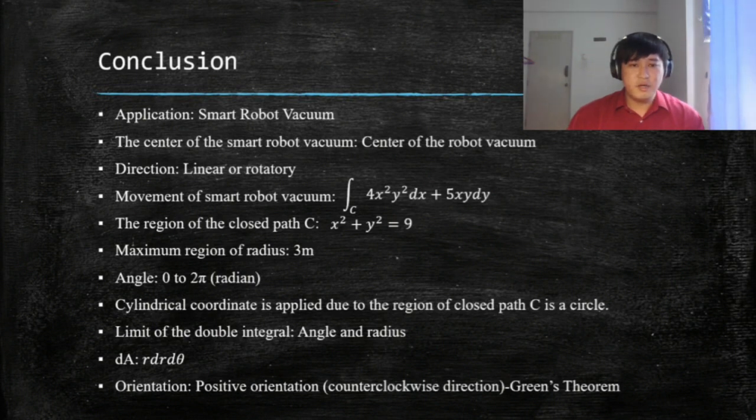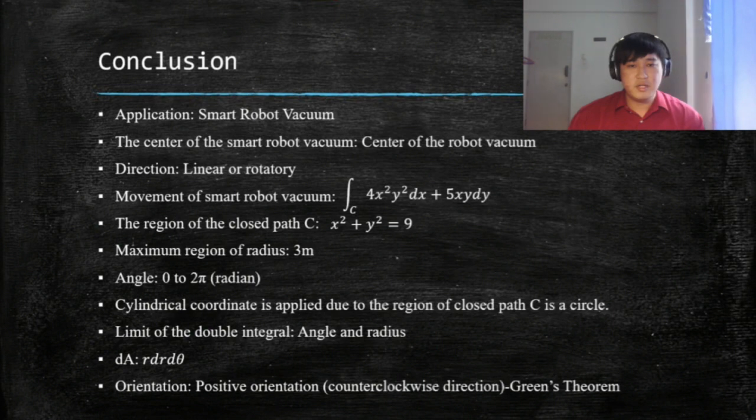The movement of the Smart Robot Vacuum is the integral of 4x squared y dx plus 5xy dy. The region of the closed path C is the circle x squared plus y squared equals 9, so the maximum radius of the region is 3 meters. The angle is 0 to 2 pi in radians.